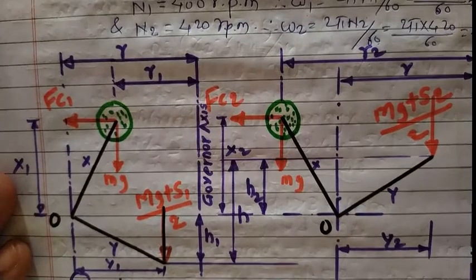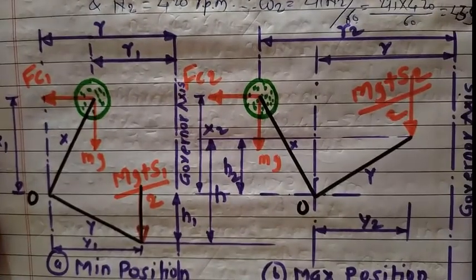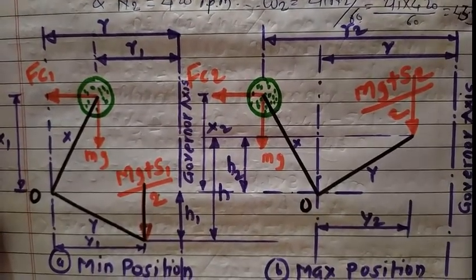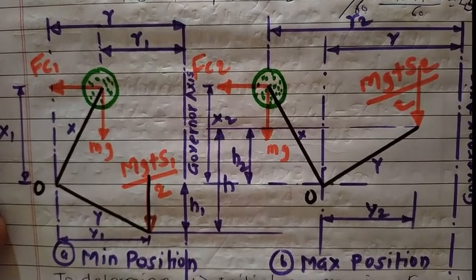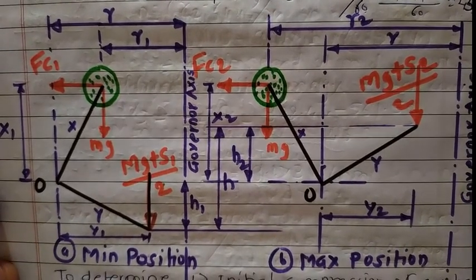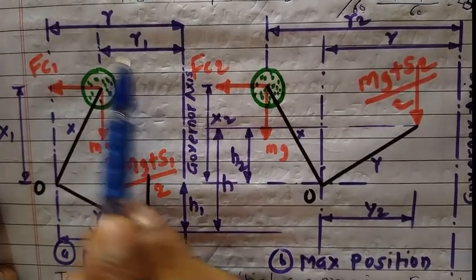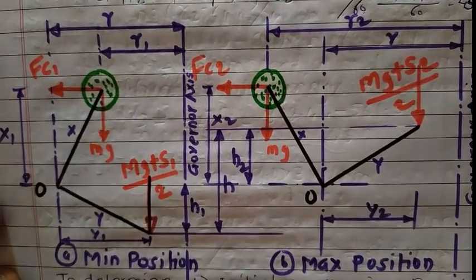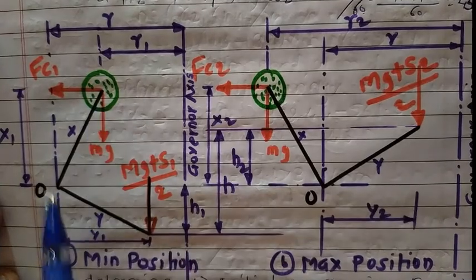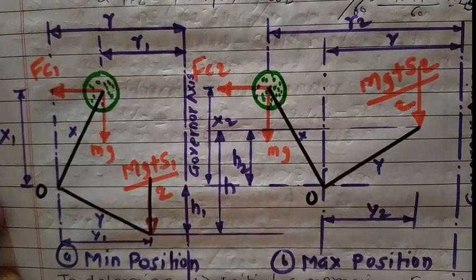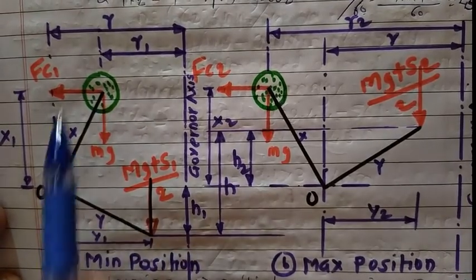Now the two extreme positions are given in case of Hartnell governor. Means you have to first of all develop the diagram by considering the minimum position as well as the maximum position. If you look at the diagram drawn here, the length of this arm and this one is given the same.